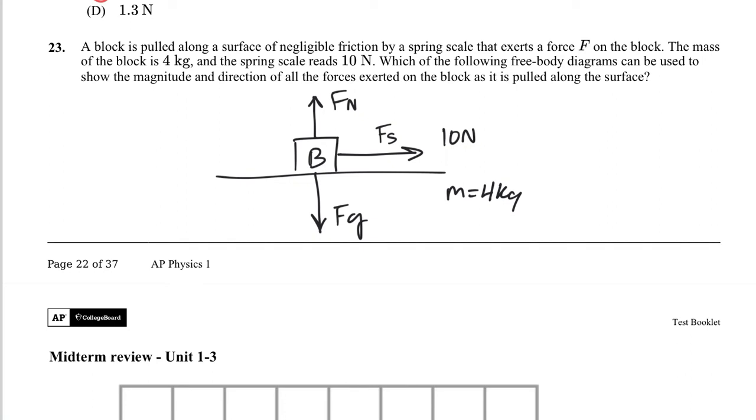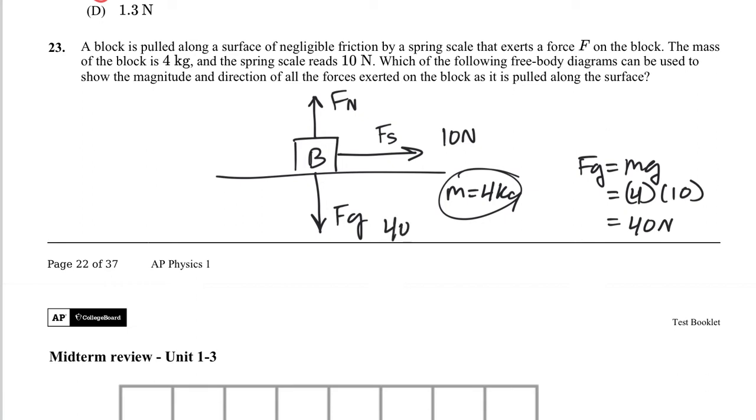Right off the bat, we are given the mass of the block. If we're given the mass of the block, we can safely assume that force of gravity is going to be equal to mg. So m is going to be 4, g is going to be, let's just estimate, 10. So F of g is going to be 40 newtons. That's really big, 40 newtons.